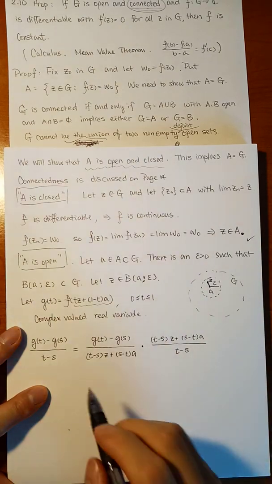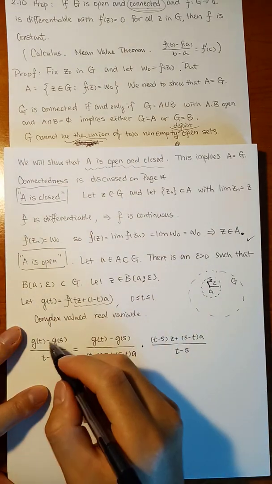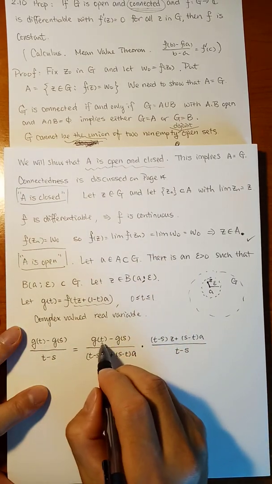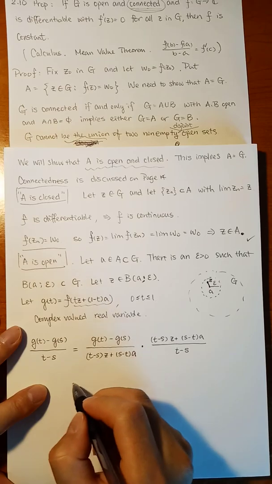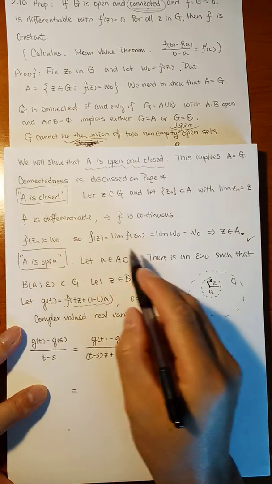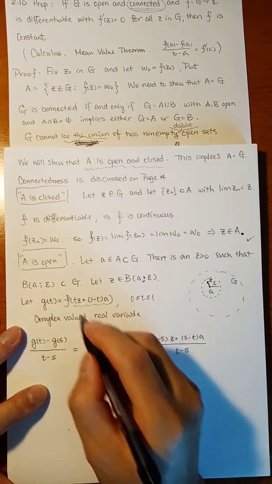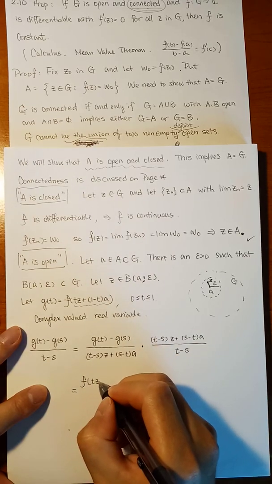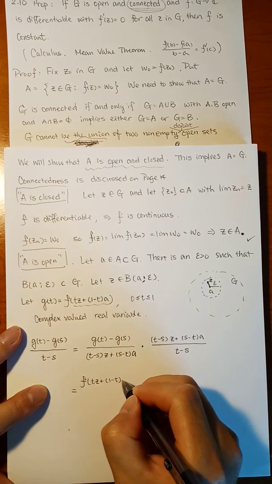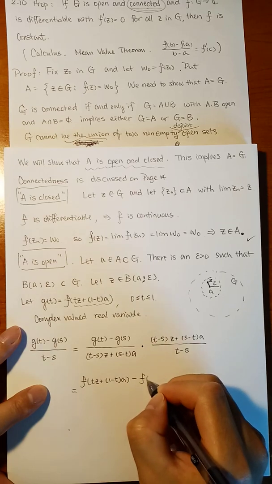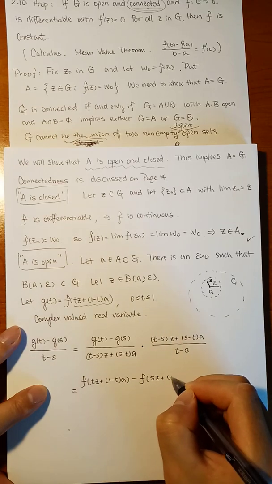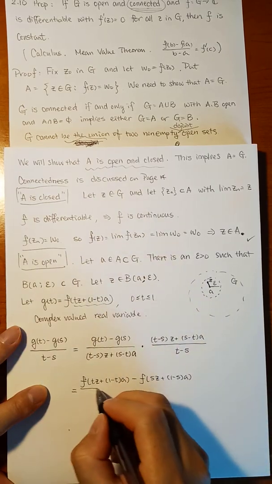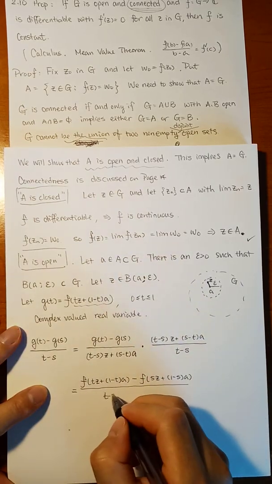Why do we write this simple quotient in such a fancy way? It's just because of g of t and g of s. What is g of t or g of s? Let's write it in a clear way. It's tz plus (1 minus t)a minus sz plus (1 minus s)a, over t minus s.